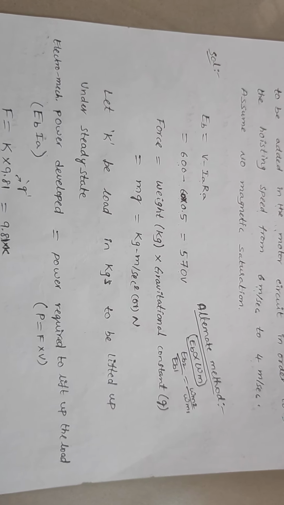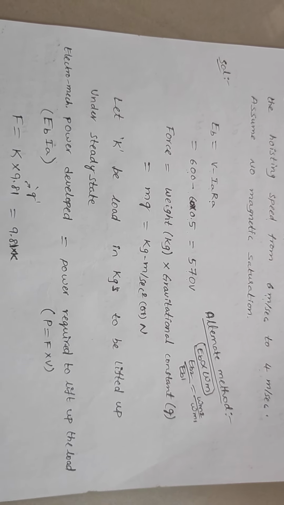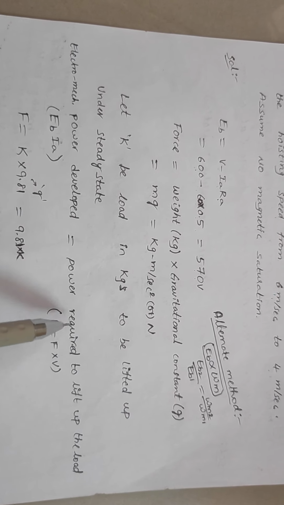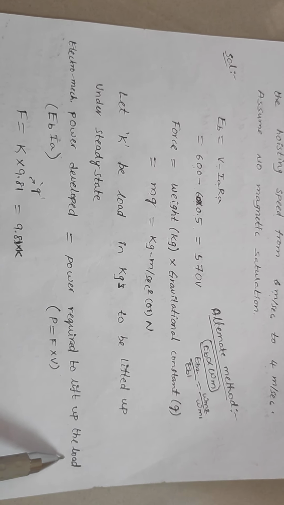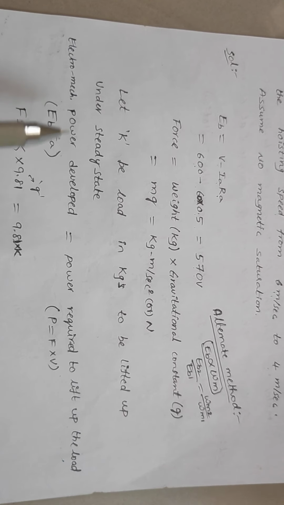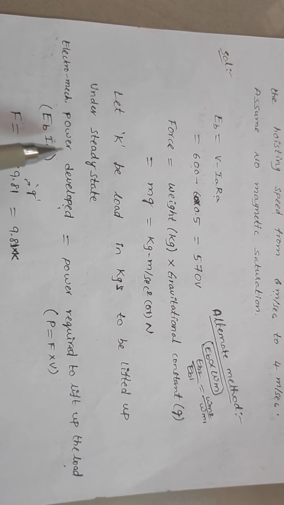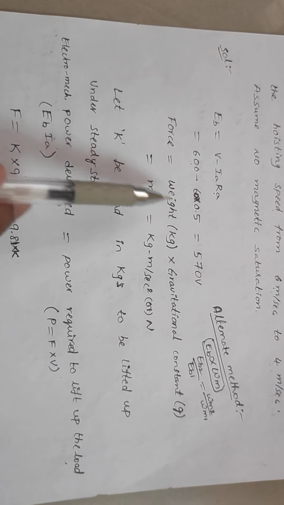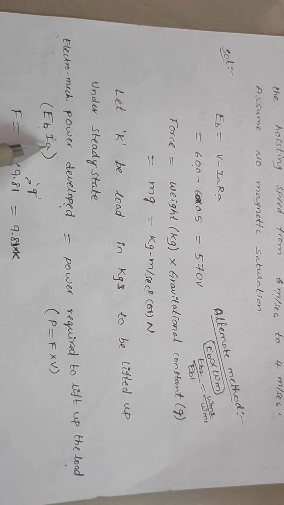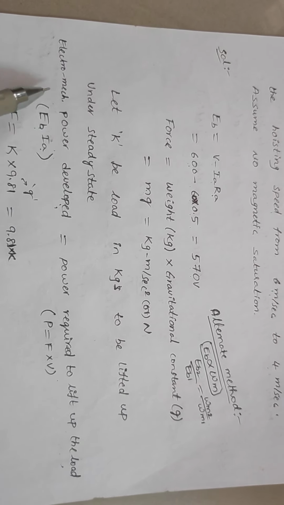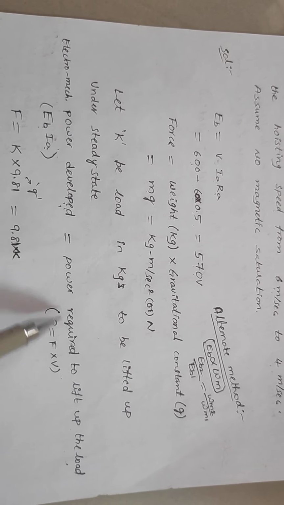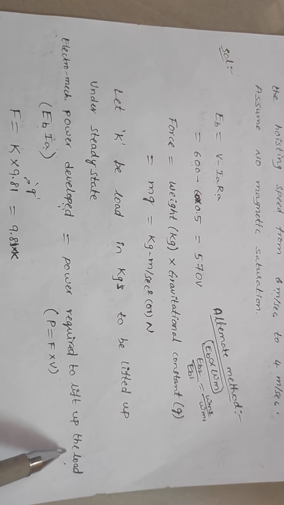If we want to lift in the upward direction, the power required to lift up the load should be equal to the electromechanical power developed. The electromechanical power developed we can find out using the electrical equations like EB, which we already calculated. EB into IA, armature current, gives the electromechanical power developed, which should be equal to the power required to lift up the load.